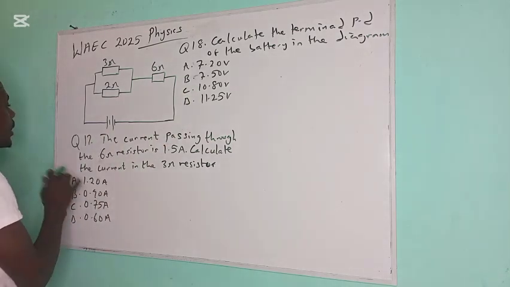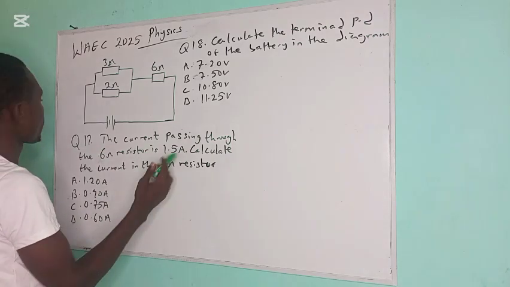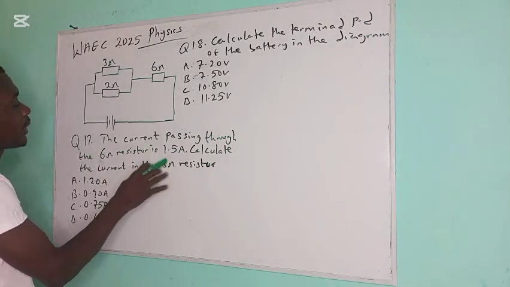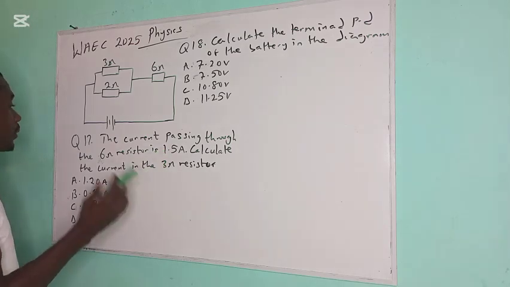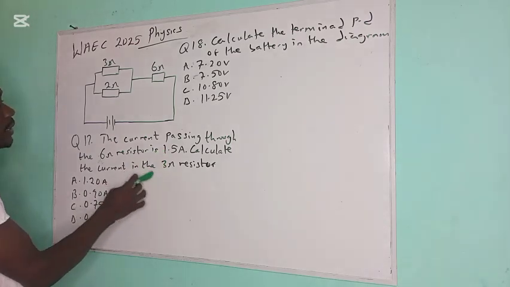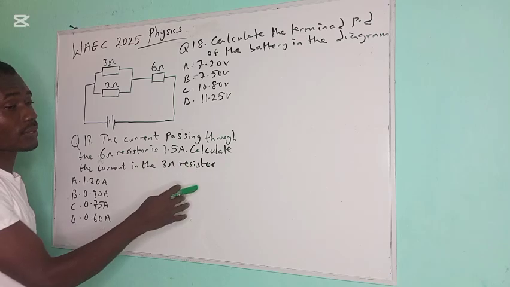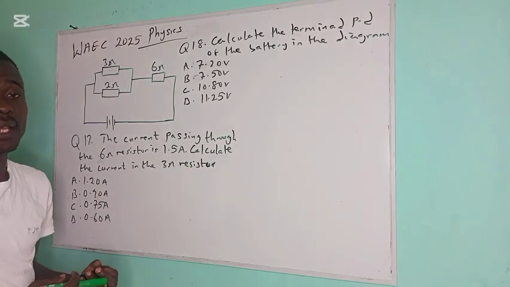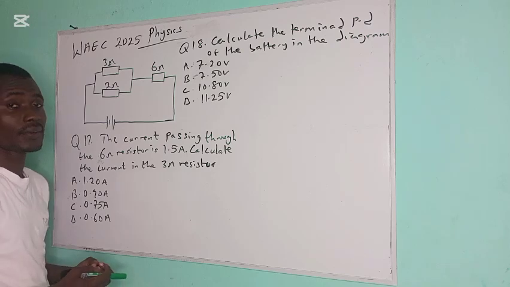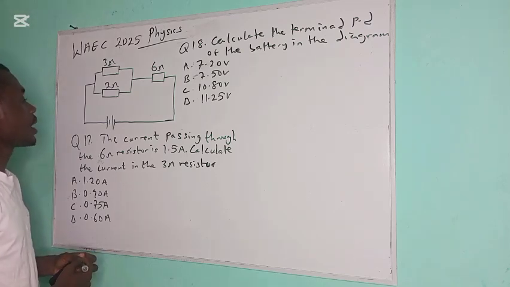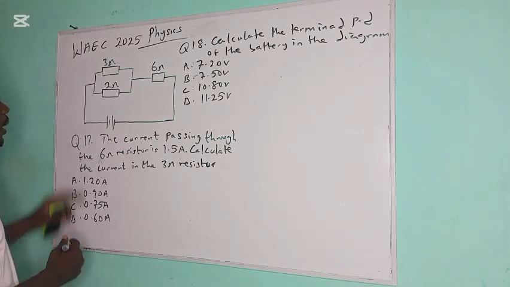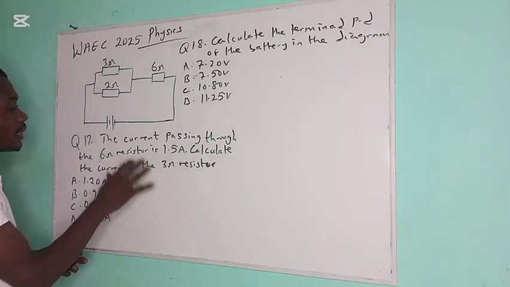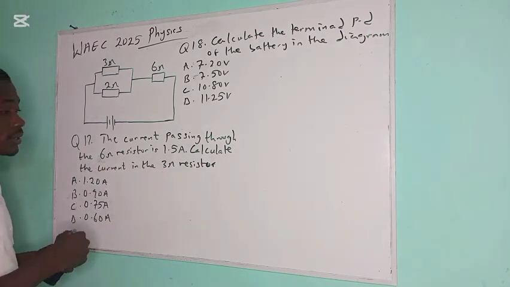Question 17 says the current passing through the 6 ohms resistor is 1.5 amperes. Calculate the current in the 3 ohms resistor. Now, this is a case of electricity. We are asked to find the current in the 3 ohms resistor.